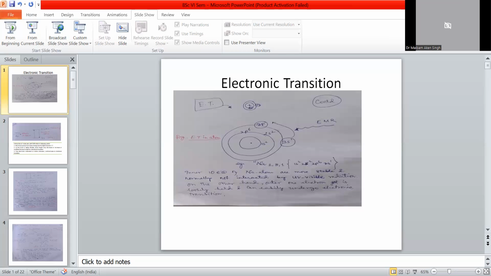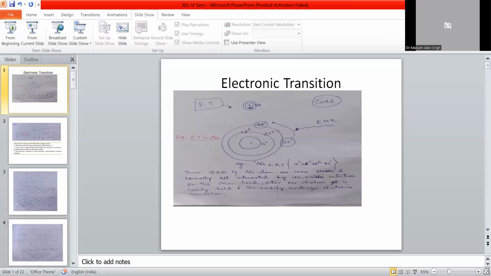So HOMO is the highest occupied molecular orbital and LUMO is the lowest unoccupied molecular orbital. This is non-bonding, having the higher energy. In the case of the pi bond, this is anti-bonding, this is bonding: LUMO, HOMO.